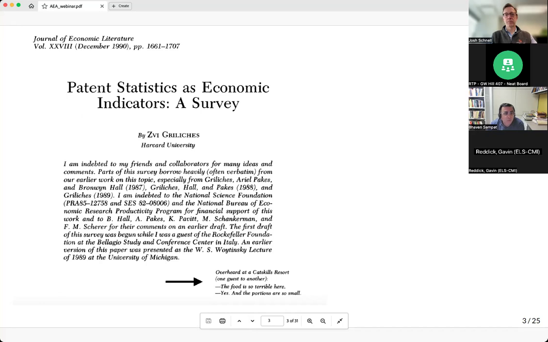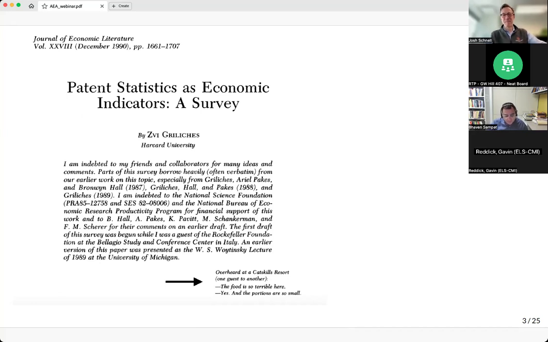And I want to point you to the opening quote on the bottom right, which is, I guess, an old joke about two people at a Catskills resort, and one begins with, "The food here is terrible," and the other responds, "And the portions are so small."